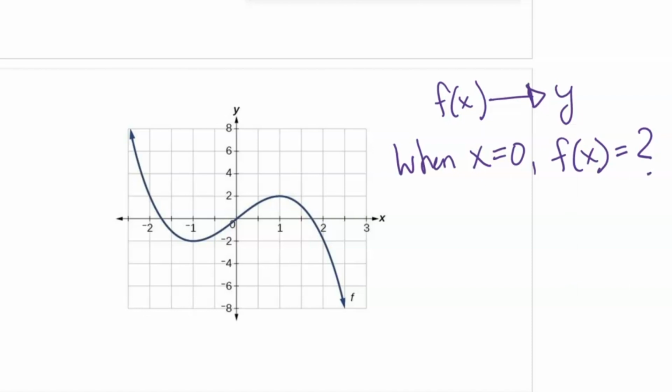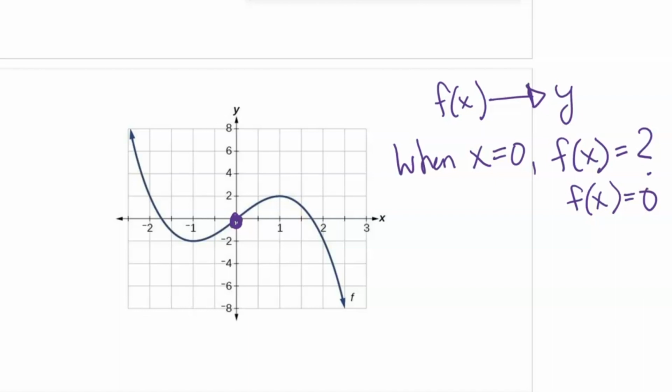So you look on your graph when x is 0, and then find what is the y value there. So x is 0 right here, and this one just happens to pass through the origin, so then we would say when x is 0, f of x equals 0, because the y value is 0 at that point.